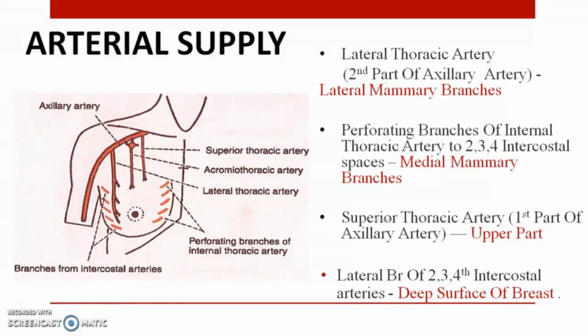The superficial surface is supplied by three arteries: the lateral thoracic, the superior thoracic and the perforating branches of the intercostal arteries, the second, third and fourth. The deep surface is supplied again by the second, third and fourth intercostal arteries, but their lateral branches. That's all about arterial supply you have to keep in your mind.